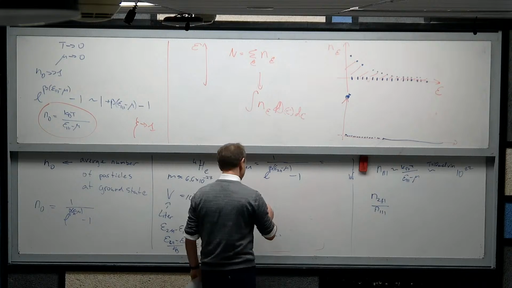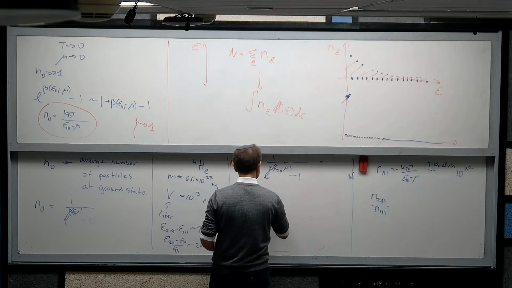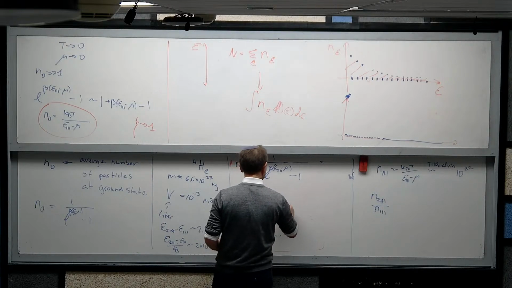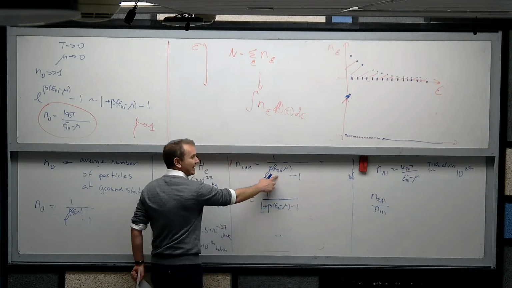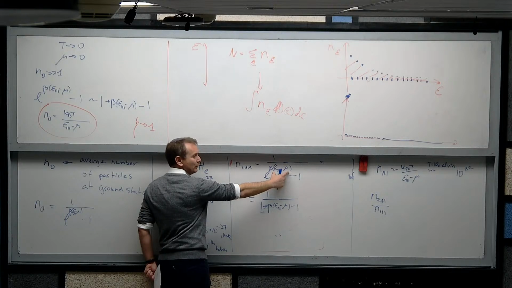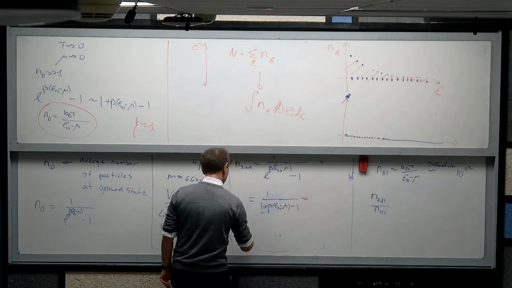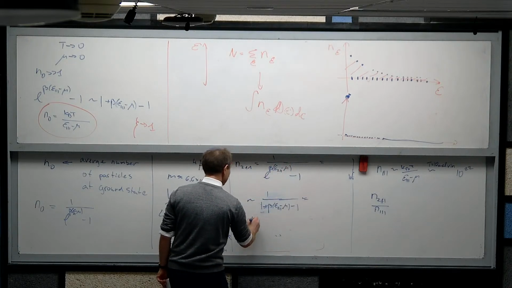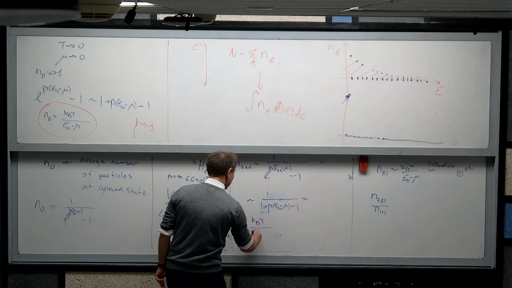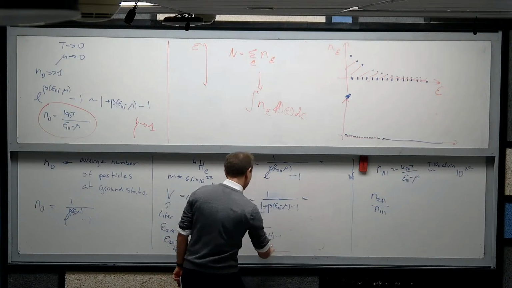So I can write this as 1 over 1 plus beta times epsilon 211 minus mu, minus 1. I'm again using the Taylor expansion of the exponent for a small value of beta times epsilon 211 minus mu. This is approximately k Boltzmann T divided by epsilon 211 minus mu, without the beta. Without the beta, thank you.